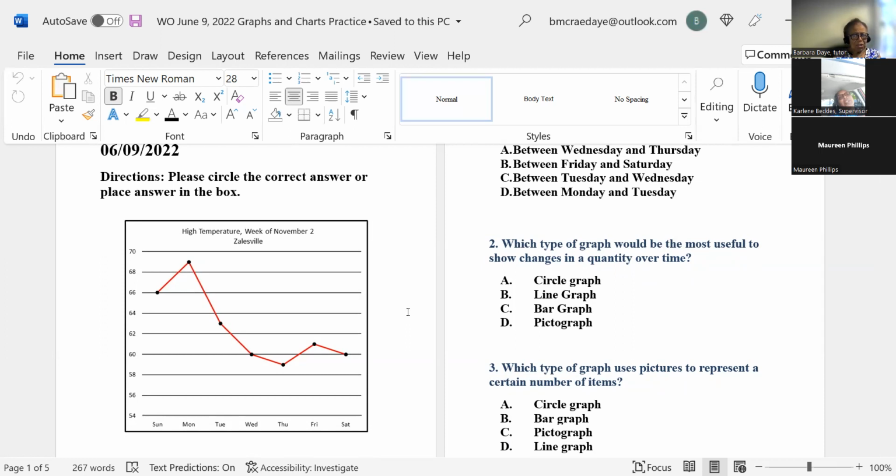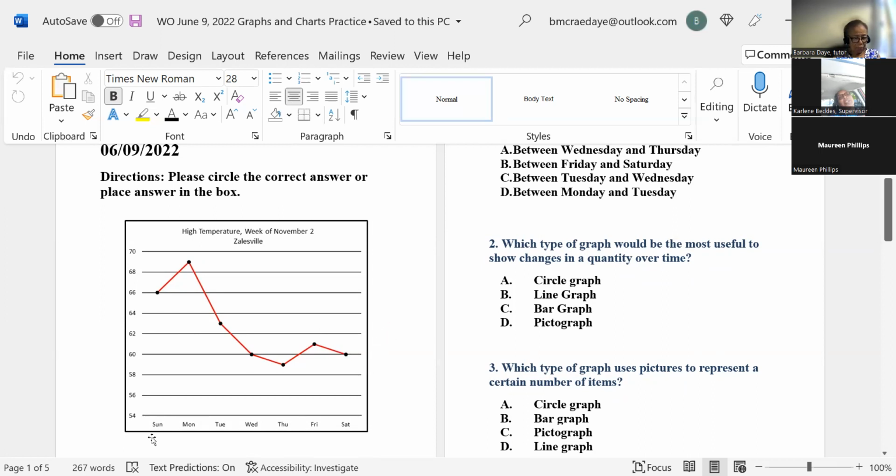How do you know there's a decrease when you look at this line graph, Maureen? What indicates a decrease? When it goes down, right? In other words, the graph is going up, down, down, down, up, down.